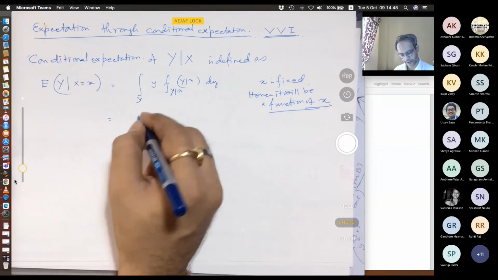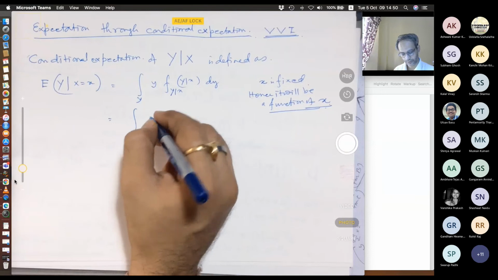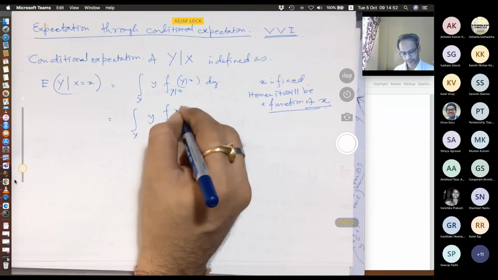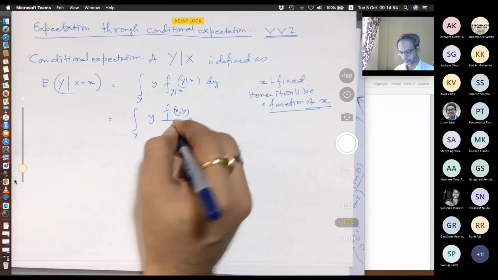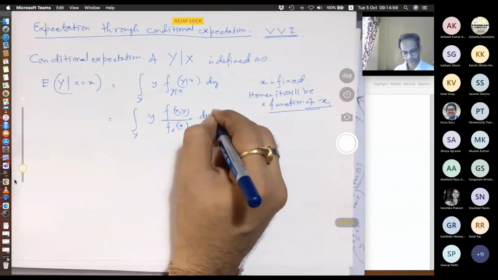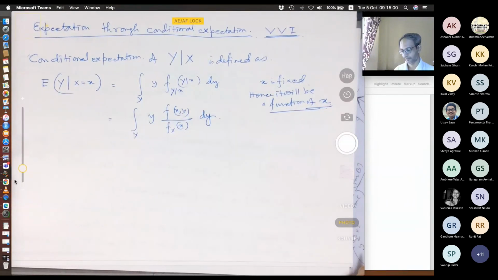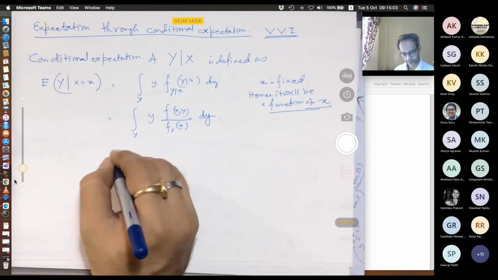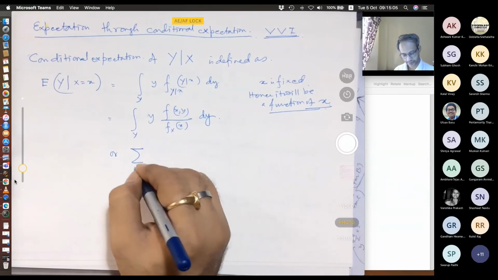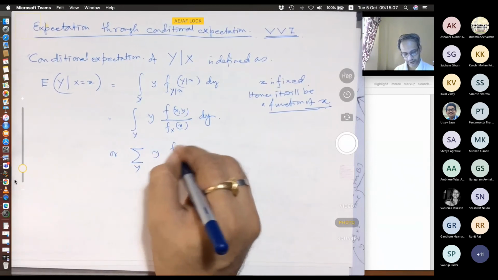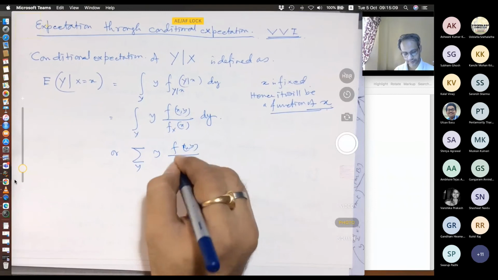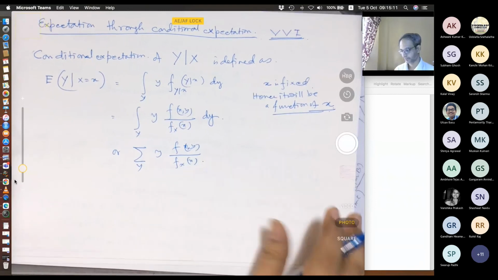If you even split it, it is the integral of y times f(x,y) divided by f(x) dy, or if it is discrete, then the sum over y of y times f(x,y) divided by f(x).